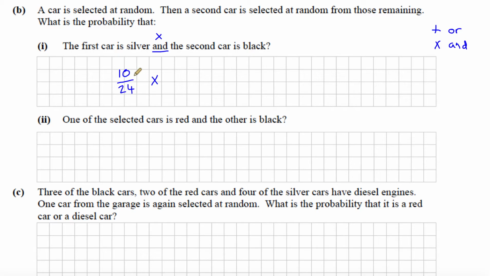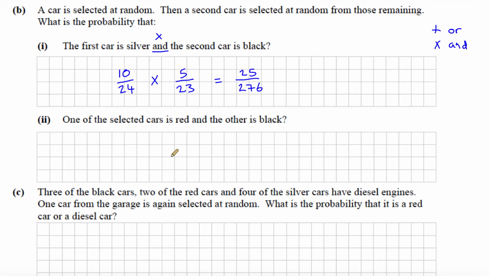But if the first one is silver, that leaves only 23 now to choose from. So it's going to be 5 over 23 for the probability that the second car is black, because one car out of the total is now gone. So we just multiply these two together on our calculator and we get 25 over 276.